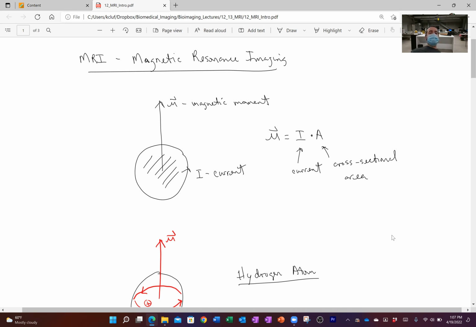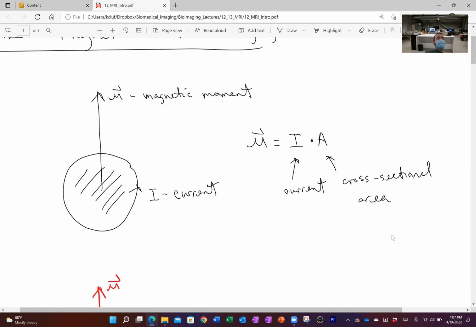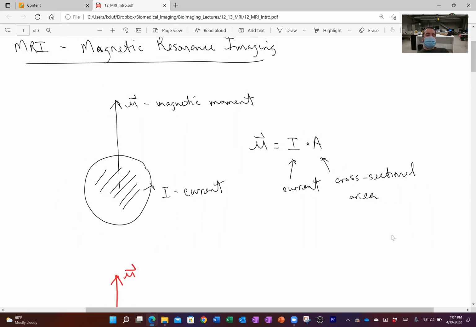So let me just give you a little introduction to magnetic resonance imaging. First, anytime you have a current, a charge flowing in a closed loop, that will develop a magnetic moment. And that magnetic moment is equal to the current times the cross-sectional area.